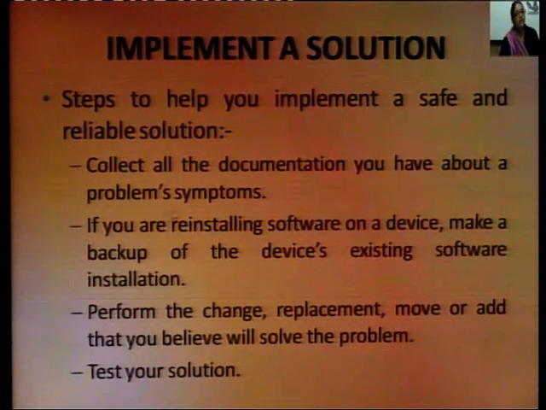After identifying the symptoms of the problem, collect all the documentation about them. If you are reinstalling software on a device, make a backup of the device's existing software installations and perform the changes, replacements, moves or adds that you believe will solve your problem.